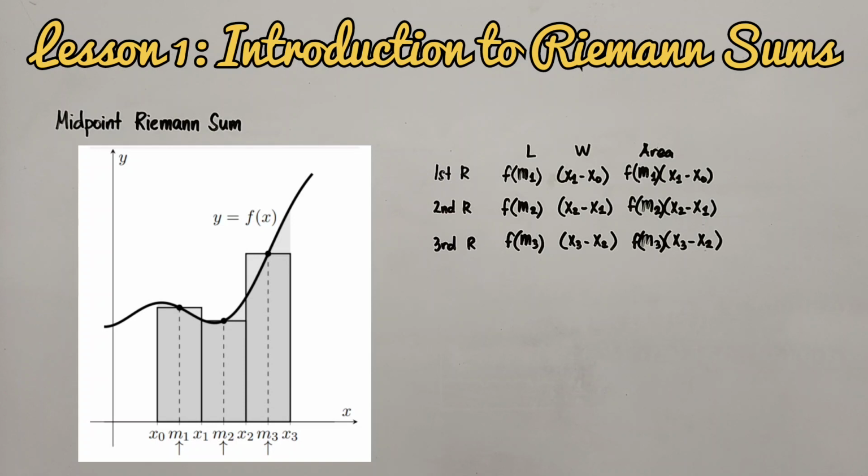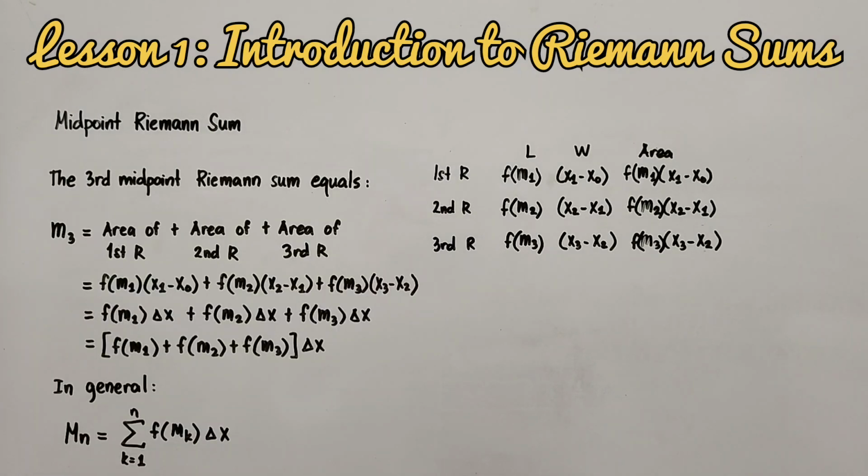Therefore, the third midpoint Riemann sum is equal to f of m sub 1 plus f of m sub 2 plus f of m sub 3 times the step size. In general, to get the midpoint Riemann sum, we have the formula M sub n equals the summation of f of m sub k times the step size, where k is from 1 to n.